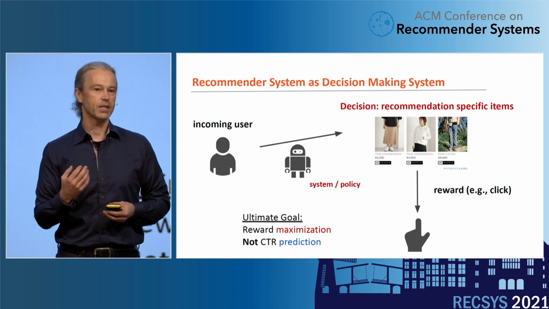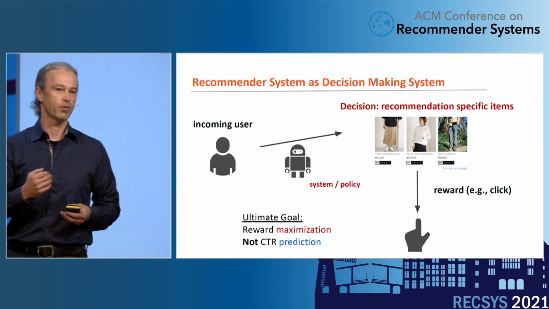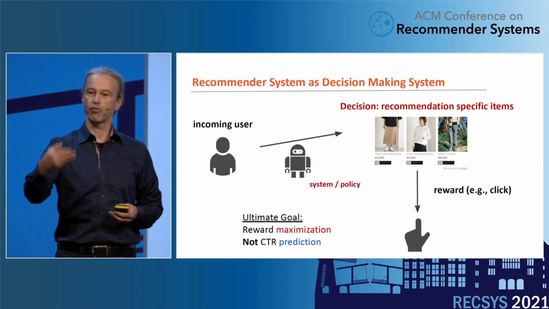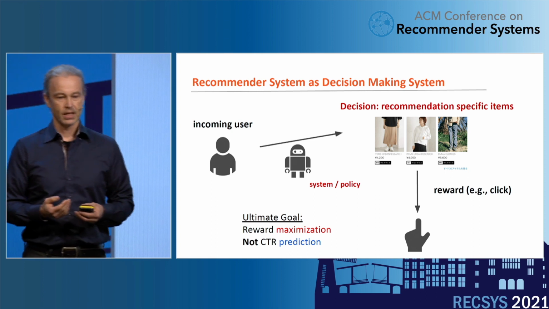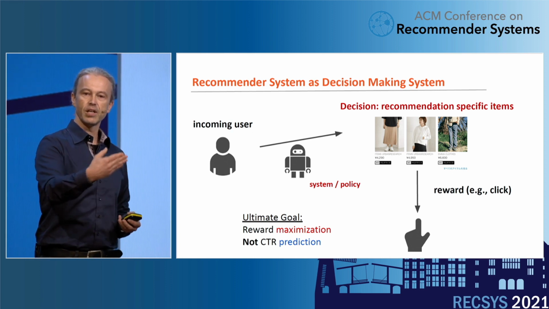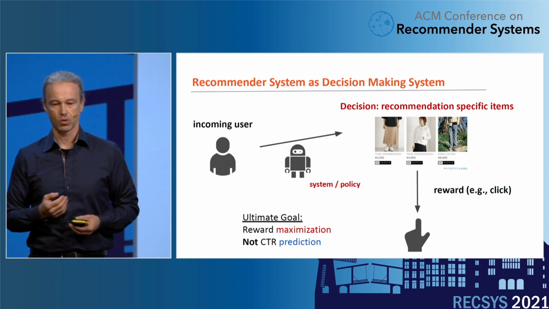The reward in this setting could be, for example, that the user clicks on something or even purchases one of these items. What we want to optimize is this downstream effect, the rewards. So the problem is reward maximization. It's not predicting click-through rates. Predicting click-through rates can be helpful in reward maximization, but it's not the ultimate goal.